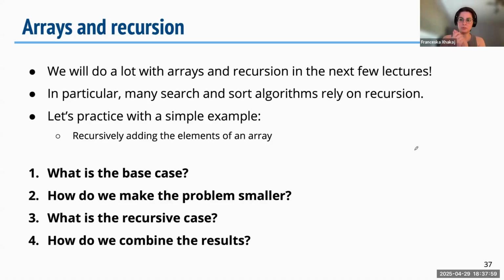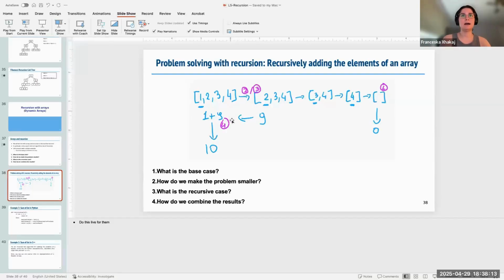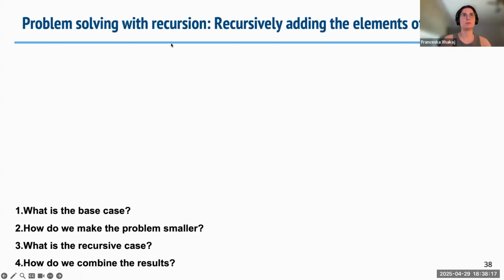So you should think on a piece of paper about those options anytime that you're trying to solve a recursive problem. So I'm going to solve this problem. I have given you a little chart here, but I kind of want to do this chart together with you so that you can follow along and figure out what we're doing here. So I am trying to recursively add the elements.